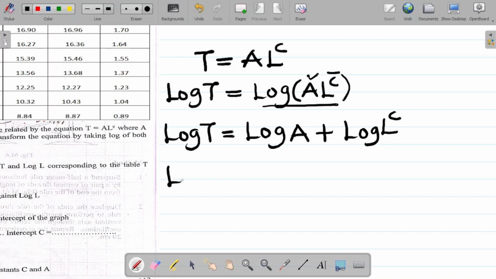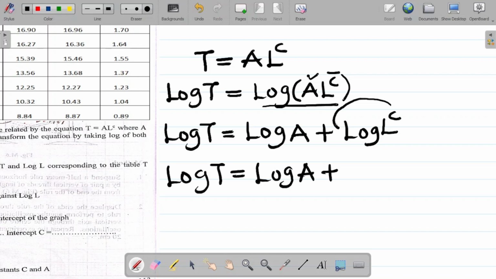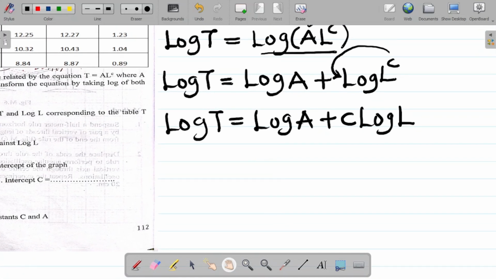From here, I'll have that log T is equal to log A plus, now one of the laws of logarithm says that if you take the log of a term such that the term is raised to a power, as you can see here, the power comes down and becomes a coefficient here. So the C comes down here, becomes C log L. This is mathematically correct, all right? In mathematics, it's correct. All right, so what next here?